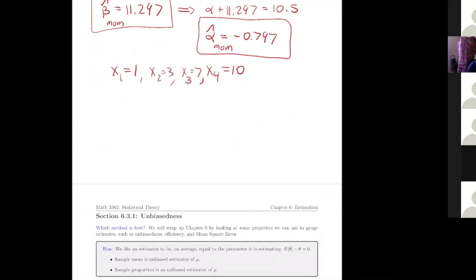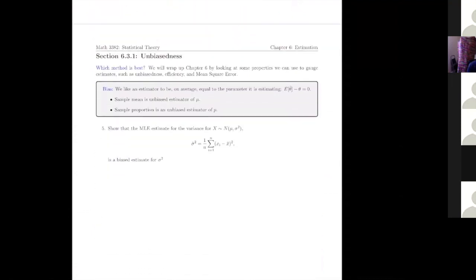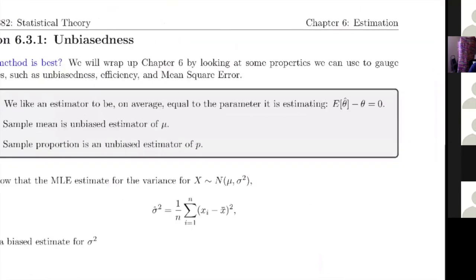Okay, so then I want to talk a little bit about a couple of properties of estimators that might be desirable. So one property of an estimator that we've talked about is whether the estimator is biased or not. So just recall that the bias of an estimator is equal to this.